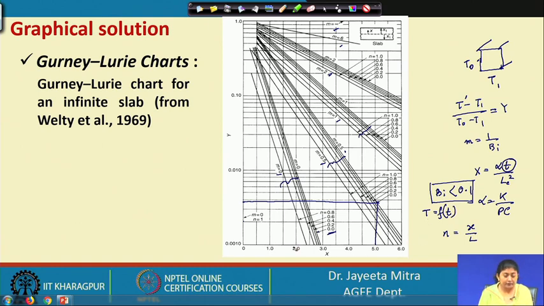Then we came to the analysis using the unsteady state one dimensional heat conduction equation, that is from Fourier's law, and then we derived the final form of the equation where the dimensionless parameter y can be related with the distance x from the center.